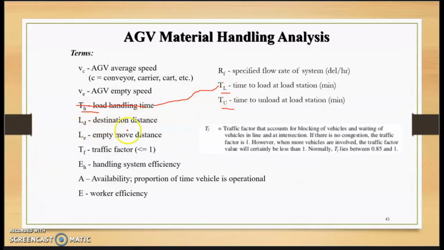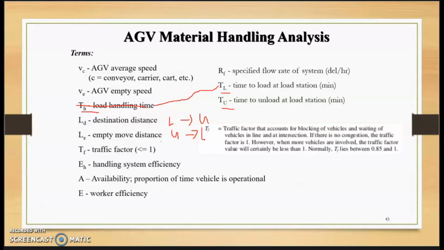Then we have destination distance. This is when the AGV moves from the loading station to the unloading station, what is the distance between these stations. And then empty move distance is when the AGV moves from the unloading to the loading station.